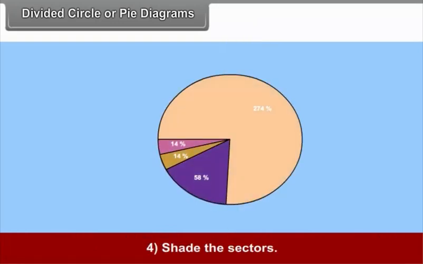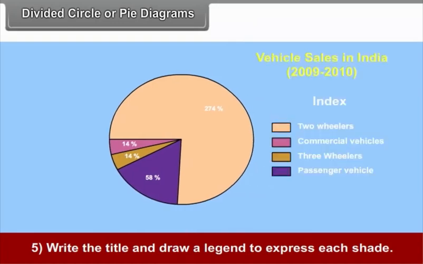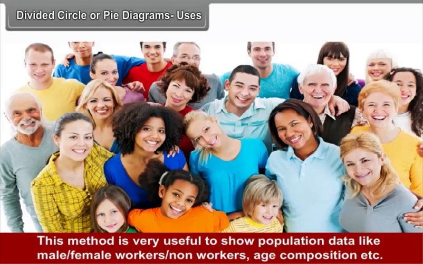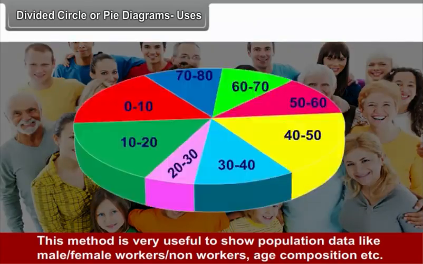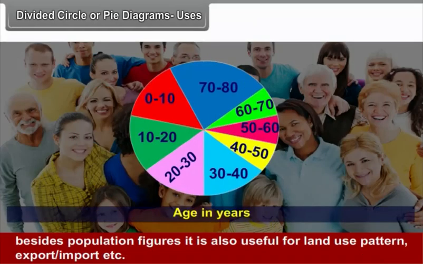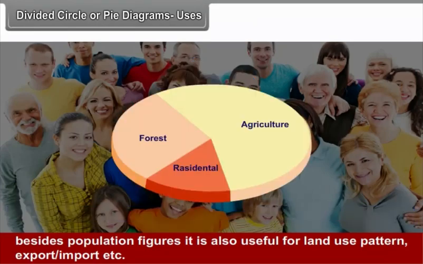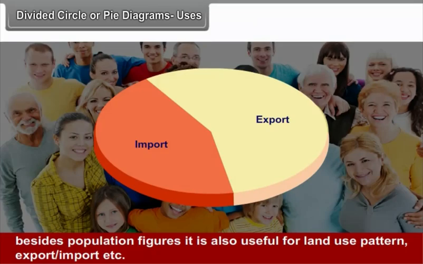Shade the sectors. 5. Write the title and draw a legend to express each shade. Uses. This method is very useful to show population data like male-female, workers, non-workers, age compositions, etc. Besides population figures, it is also useful for land use pattern, export-import, etc.